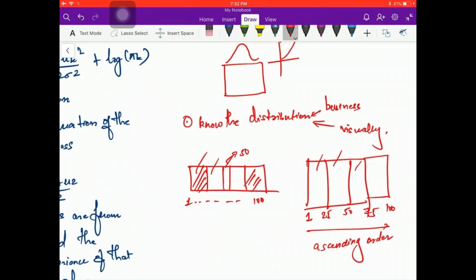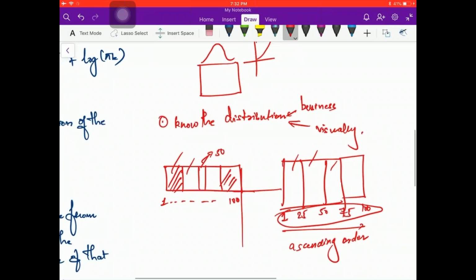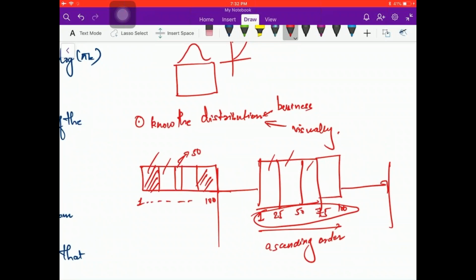Now suppose you have something beyond this, let's say just one point here, and the rest of the frequencies of your data lie here.